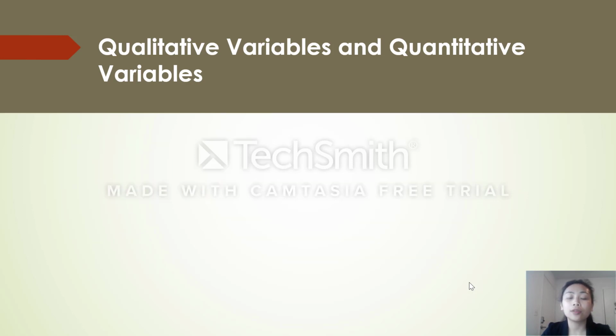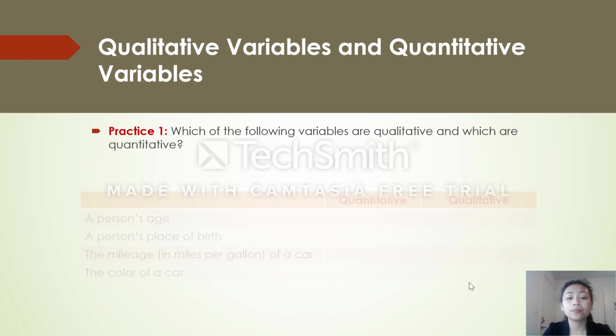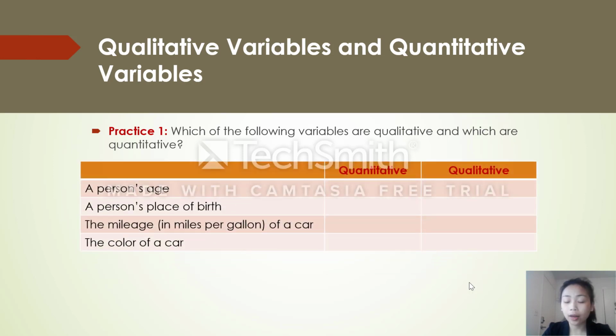Now I would like to give you a practice. Which of the following variables are qualitative and which are quantitative? Here I have 4 variables: a person's age, a person's place of birth, the mileage of a car, and the color of a car. So let's work on the first example.